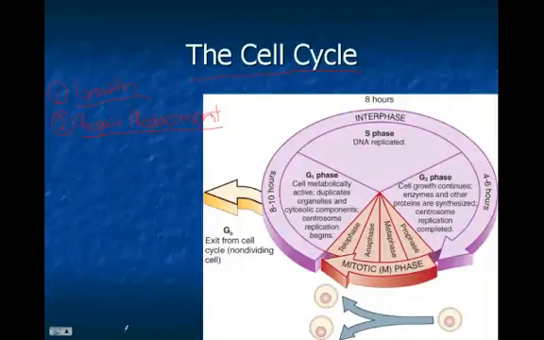Now, when we talk about mitosis, you have to understand that some cells are going to spend more time in mitosis than others. Obviously, your epithelial cells are going to spend a lot more time in mitosis than your liver cells are.